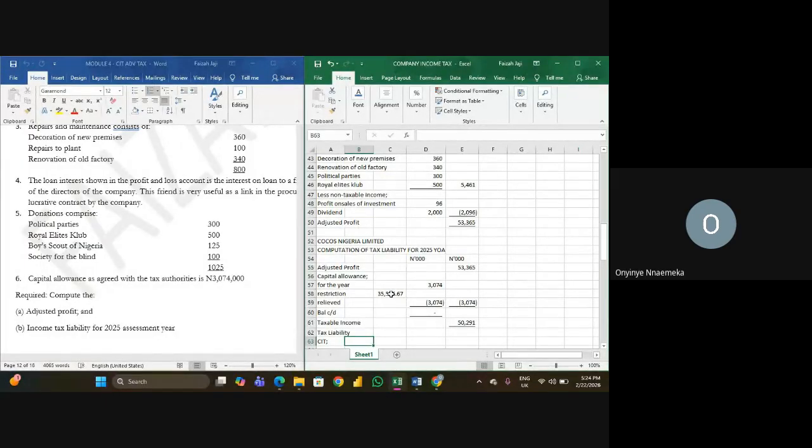So that's what we are checking here, to see whether this money is more or less than 66 2/3% of the accessible profit. 66 2/3% is the same thing as 2 over 3 outrightly. So that's what we just did. The lower of the two is what you are going to relieve here. Assuming this one is around 2,000, you relieve 2,000, you carry forward 1,074 naira. Do you get? But since this one is the lower one, this one is what I will relieve.